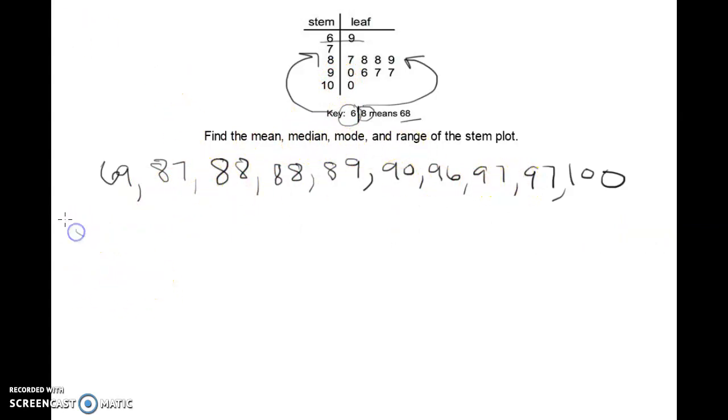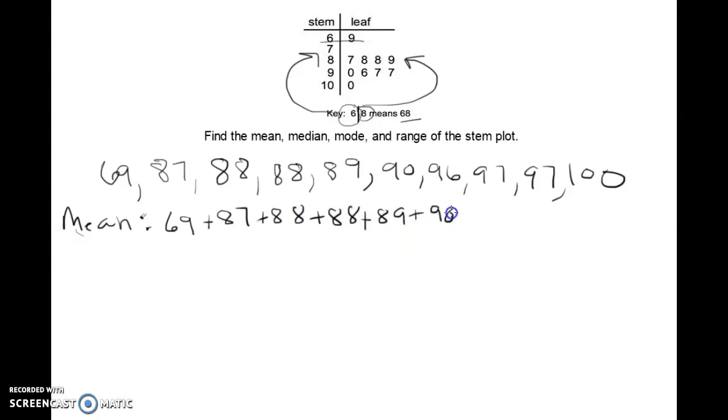So if I want to find the mean, we know that to find the mean, we add up all of the numbers and we divide by the number of numbers. So I would do 69 plus 87 plus 88 plus 88 plus 89 plus 90 plus 96 plus 97 plus 97 plus 100.